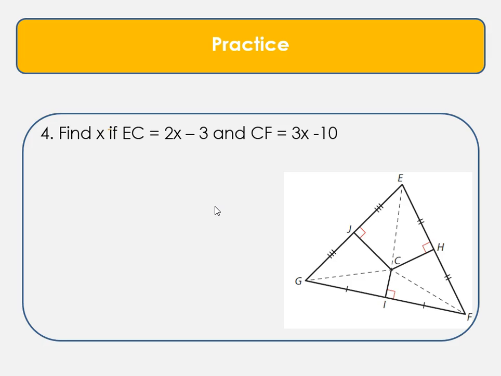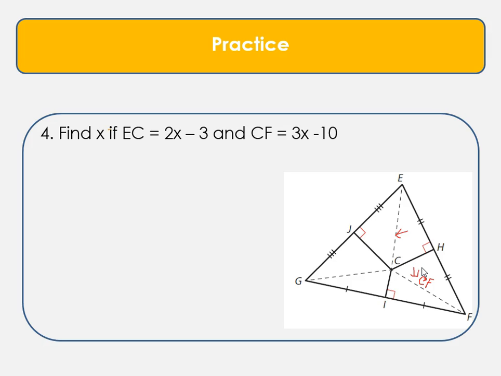Find EC. EC is right here, which is 2x minus 3, and CF, which is 3x minus 10. Right there. And if you take a quick look at these, both of these are equidistant lines.